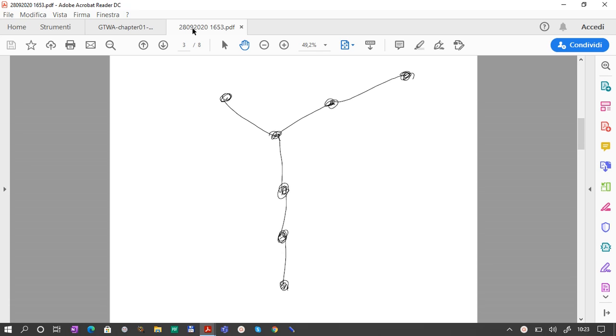Please remember this notion of degree, which we are going to see formally in the second part of this lecture, and which is simply for each vertex the number of edges adjacent to it, okay?